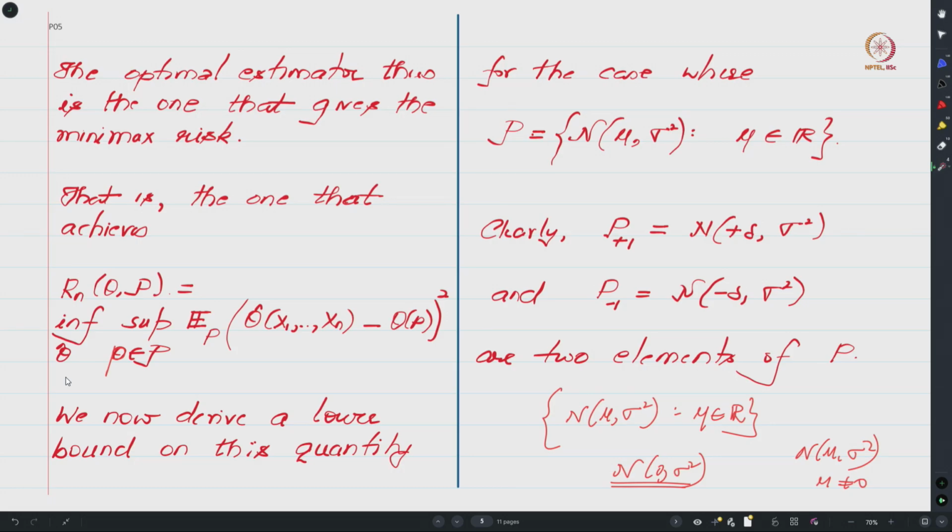I am going to give an overview of this proof, in particular how to derive a lower bound on this quantity. Unfortunately, I will not have time to go into the full details, but I will try to cover as much as possible. For those who wish to know more, I request you to look at the lecture notes by John Duchi. He has some lecture notes on his web page.